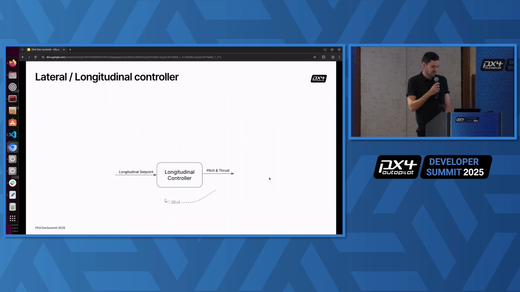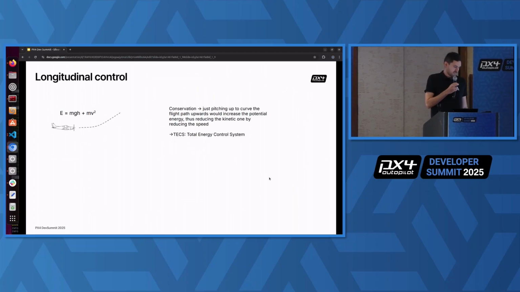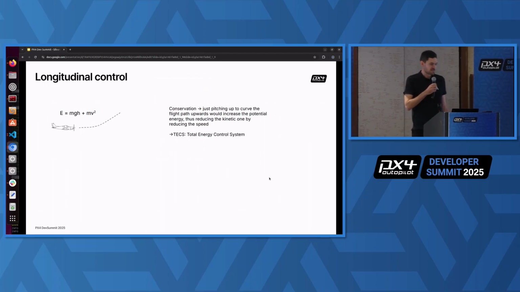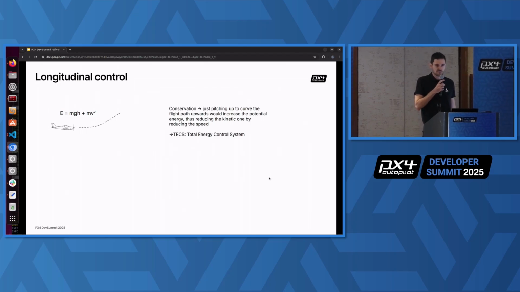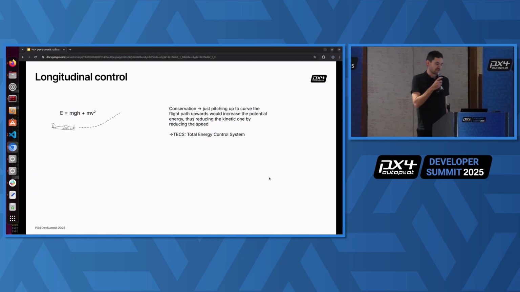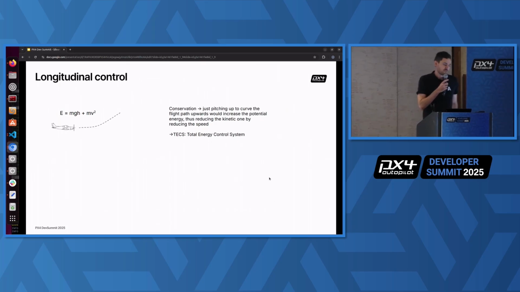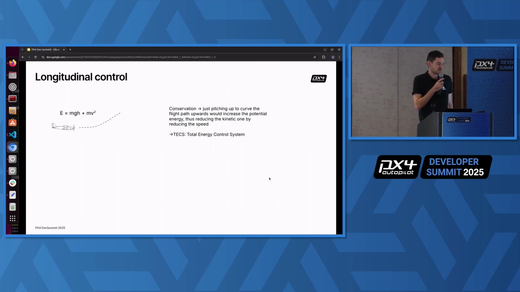Now the longitudinal one. That's the controller taking care of your altitude and your airspeed. Talking about that, it's crucial to understand a bit about energy conservation. A plane flying at a certain altitude and a certain speed has a certain energy in kinetic and potential energy. By just pitching up your plane to curve the flight path, you increase the potential energy, and with that you always reduce the kinetic energy.